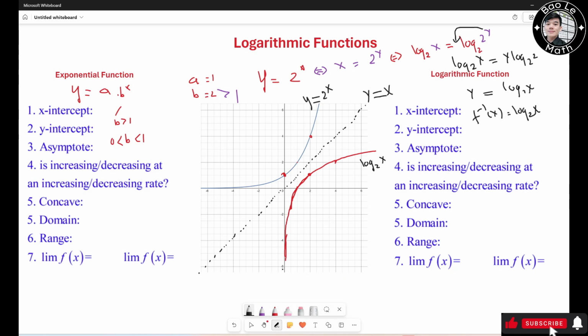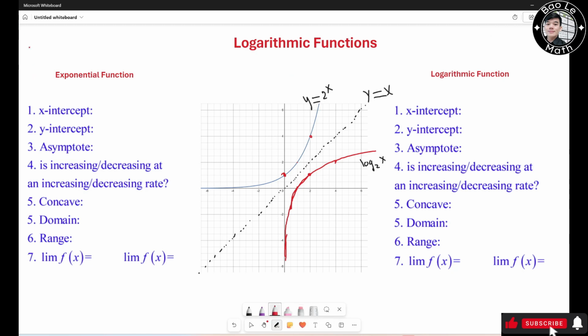Okay, so now we're gonna explore the end behavior and characteristics of these two functions, right? Now first, all right, now we need to find the s-intercept. So the s-intercept is gonna be none, right? Because the exponential function right here never touches the x-axis. The s-intercept for the logarithmic function right here is gonna be (1, 0), right?